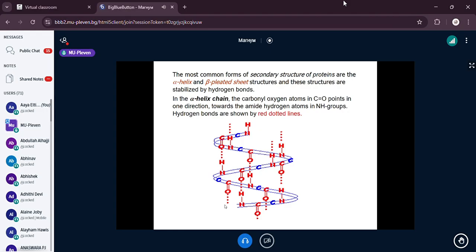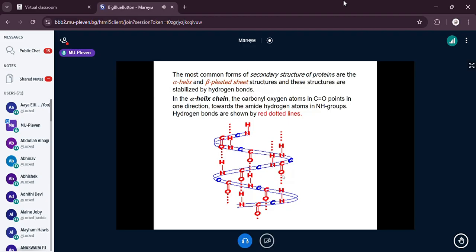Hydrogen bonds are very important for the secondary structure of proteins. You can see these red dotted lines in alpha helix, which show hydrogen bonds between carbonyl group and the NH group of so-named amide groups.